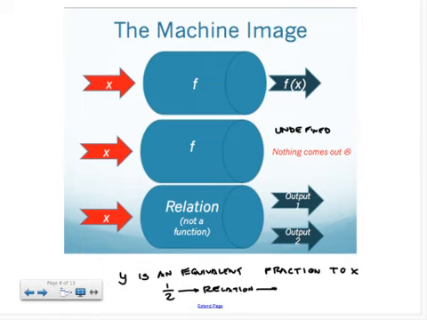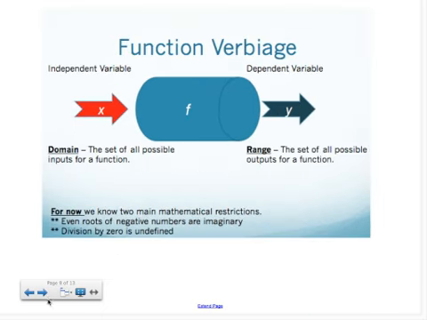Well, what could come out? What's an equivalent fraction to 1/2? Well, you could get out 2/4, right? That's an equivalent fraction to 1/2. And you could get out 3/6. That's an equivalent fraction to 1/2. And there's lots of others. So you can see that this relation is not a function, because when I plug in one thing, multiple things could come out. So there are mathematical examples of relations, not just the ones verbally that I gave earlier.